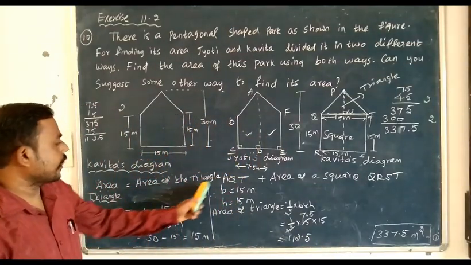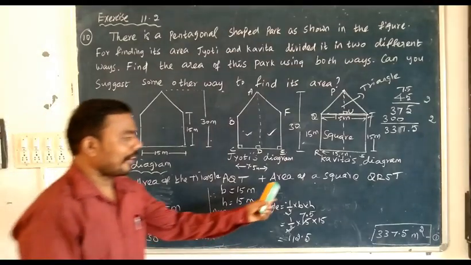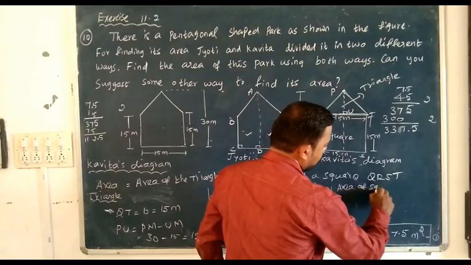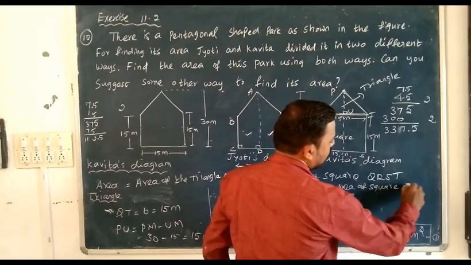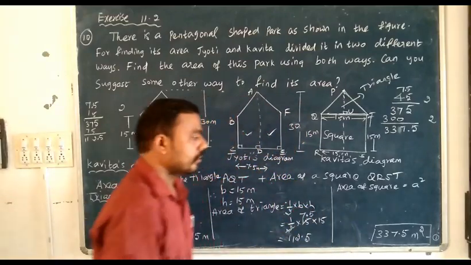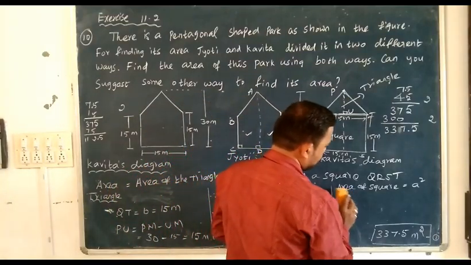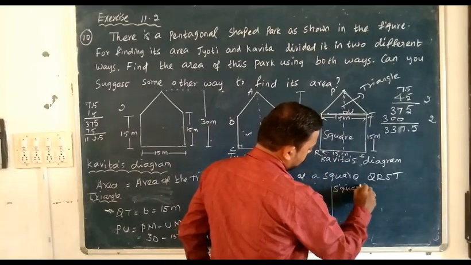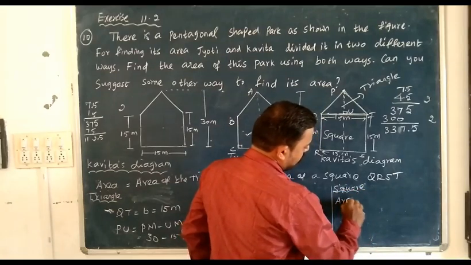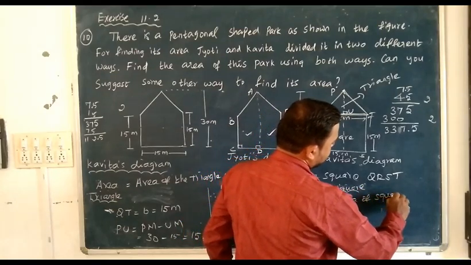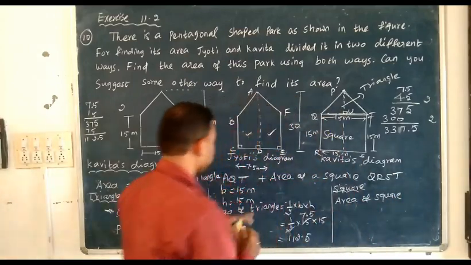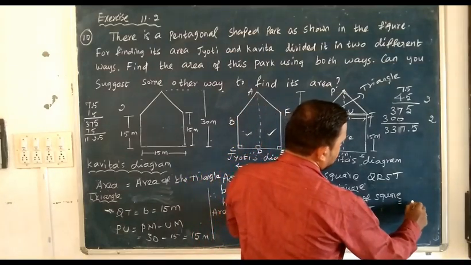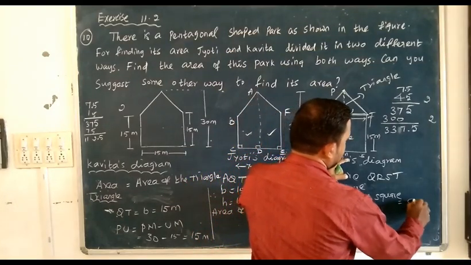Next, the area of the triangle is over. Next we need the area of the square. The area of the square equals side squared. Here, QR or ST equals 15, this side, as it is a square.